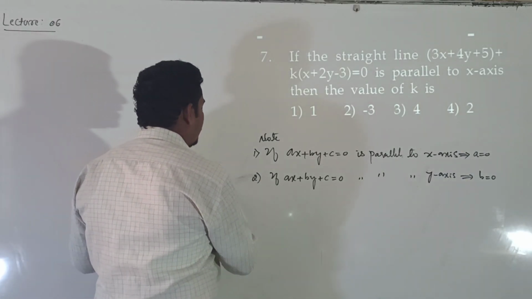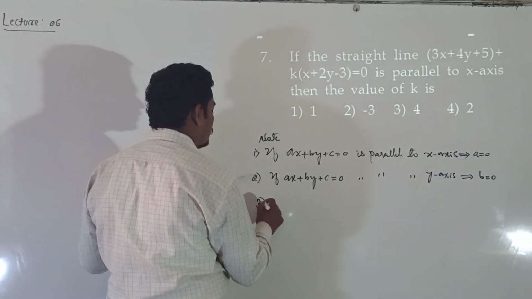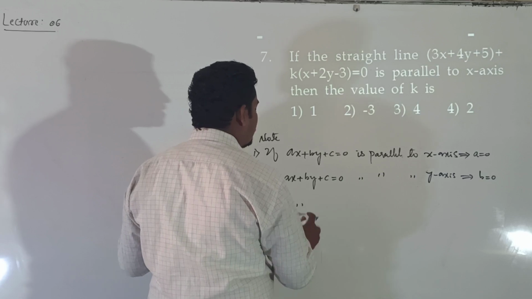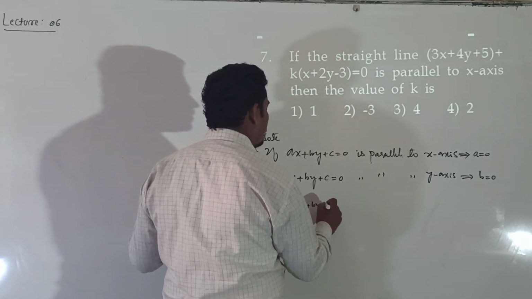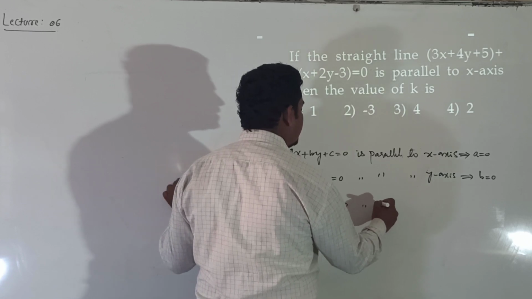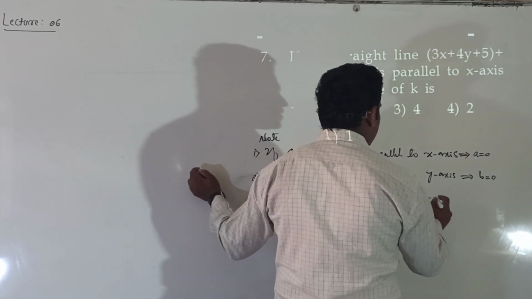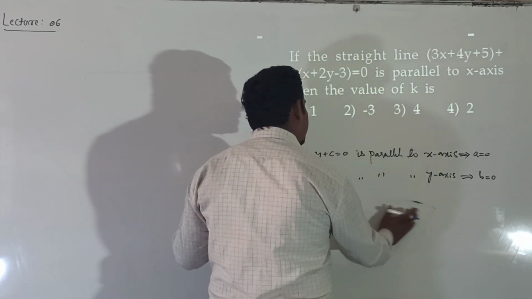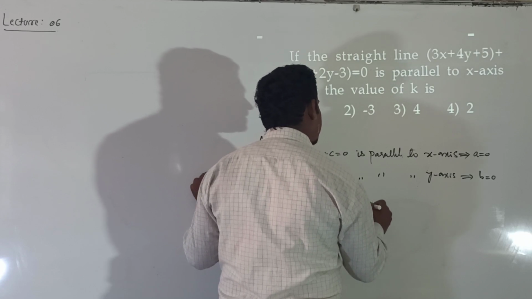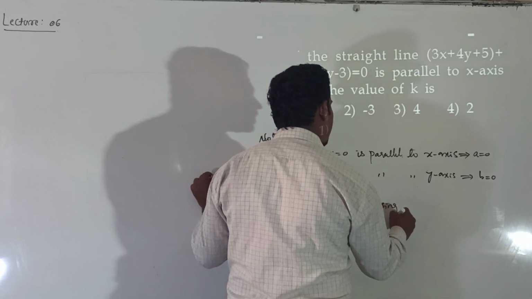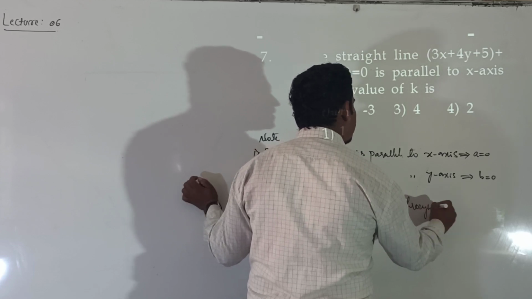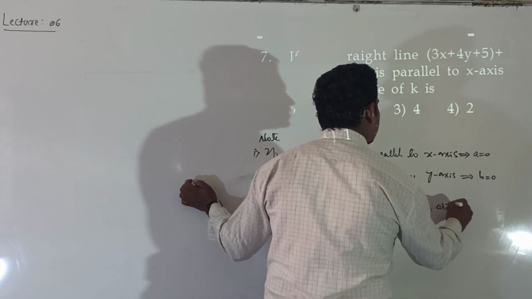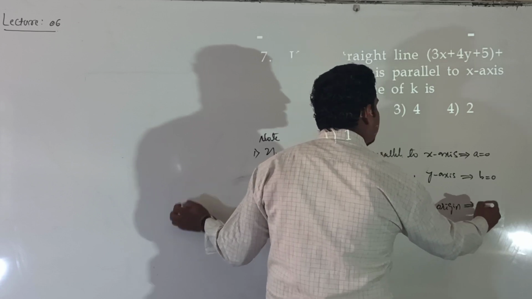And one more point, if this line ax plus by plus c equal to 0 is passing through the origin, then the constant term is 0.